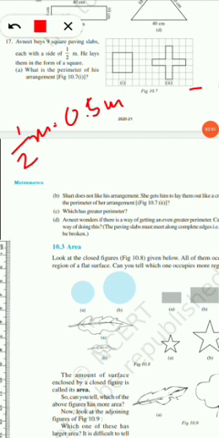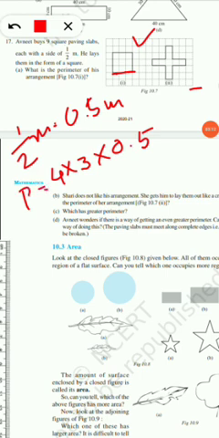So I need to see the perimeter. So here you see there are 3 boxes. So one side length is 3 into 0.5. All the 4 sides are the same. So 4 into this. So 4 fives are 20, 3 into 2 is 6. So it is 6 meter.